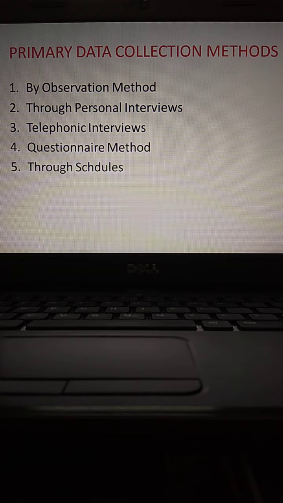Very, very powerful method. The next one is nothing but the schedules. Collection of data through the schedules is just like the questionnaire method only.